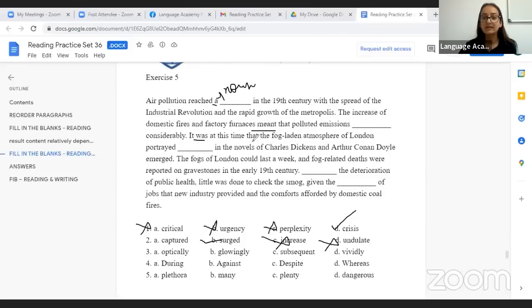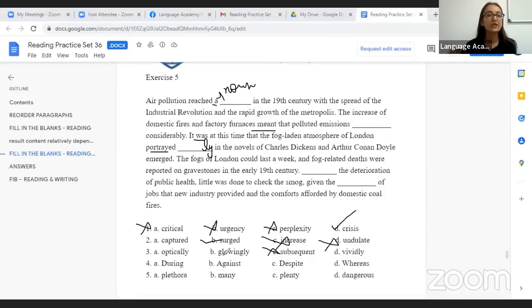It was at this time that the fog-laden atmosphere of London portrayed in the novels of Charles Dickens. So the sentence is absolutely complete. Portrayed is a verb, so we need an adverb here. How were they portrayed? Optically, glowingly, vividly. Subsequent without ly is not an adverb. Can we show the Industrial Revolution glowingly?